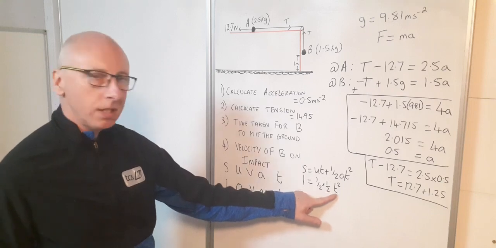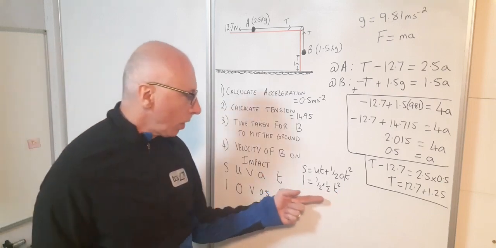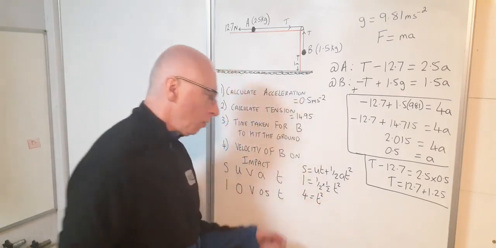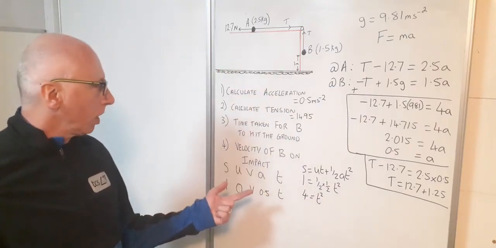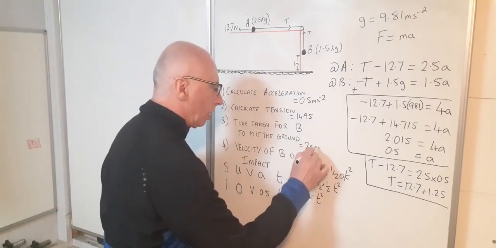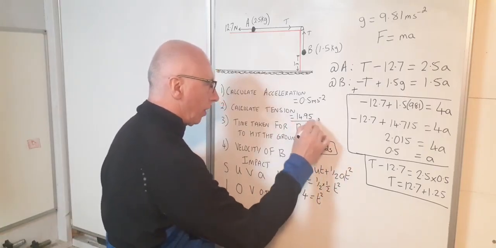To isolate t squared, multiply both sides by 4, so t squared equals 4. In which case t would just be 2. So the time taken to hit the ground would be 2 seconds. That's quite nice so far.